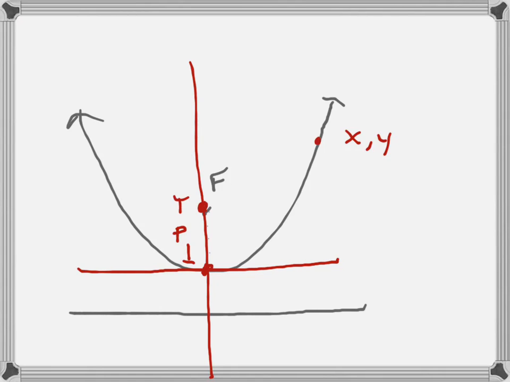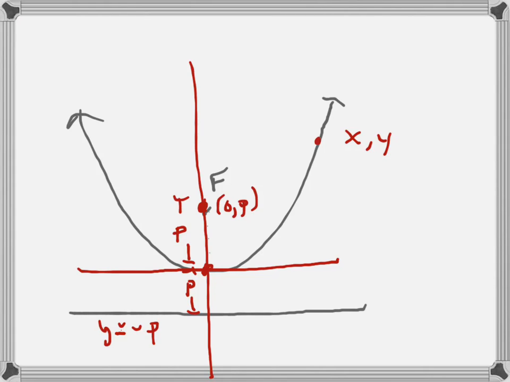So this point right here is 0, comma, P. And this distance here is also P. And that actually makes this whole line down here, the gray line, the line y equals negative P, because now it's below the x-axis. Again, the red axis is the x and y axis.